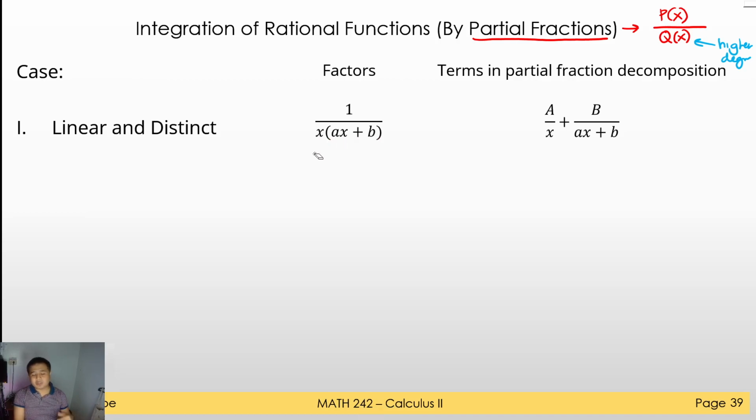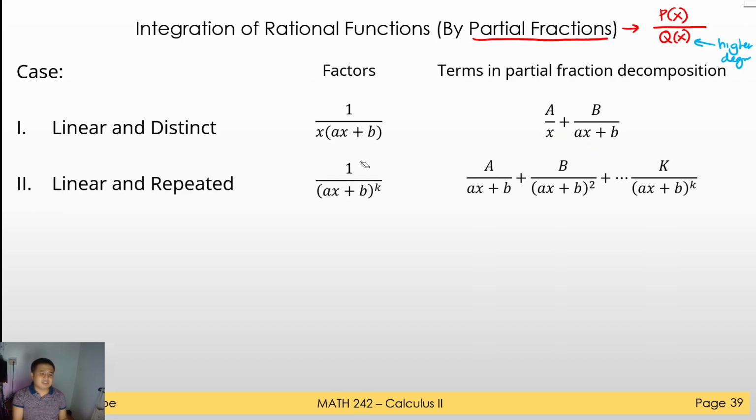We will discuss later what I mean by that. So if you have this form, then you can decompose this into this form so that you can integrate this, and you can integrate this.